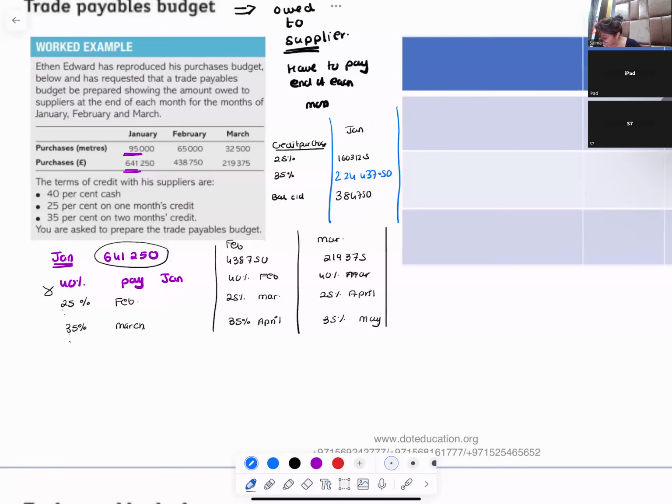Now we go to February. What would be the balance brought down? February balance brought down would be 160 only?